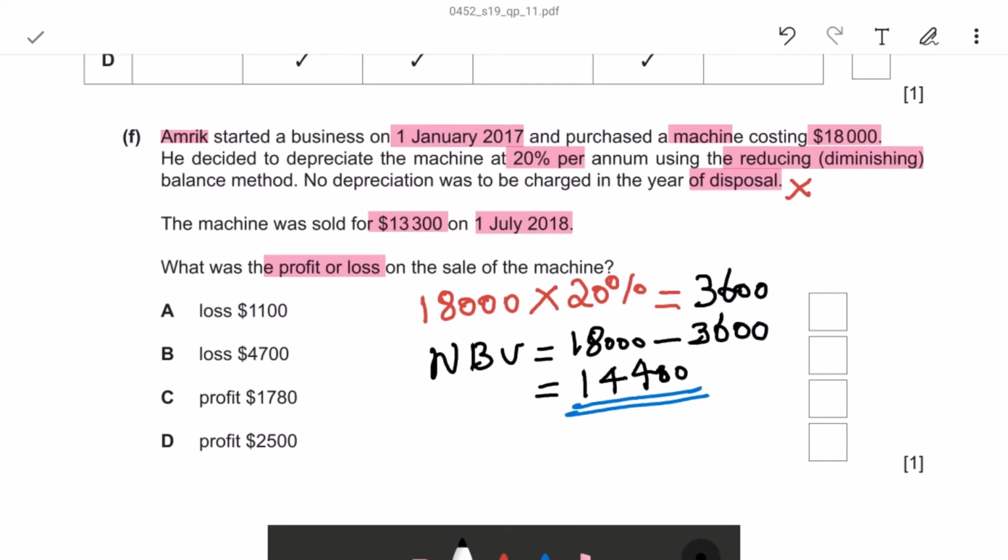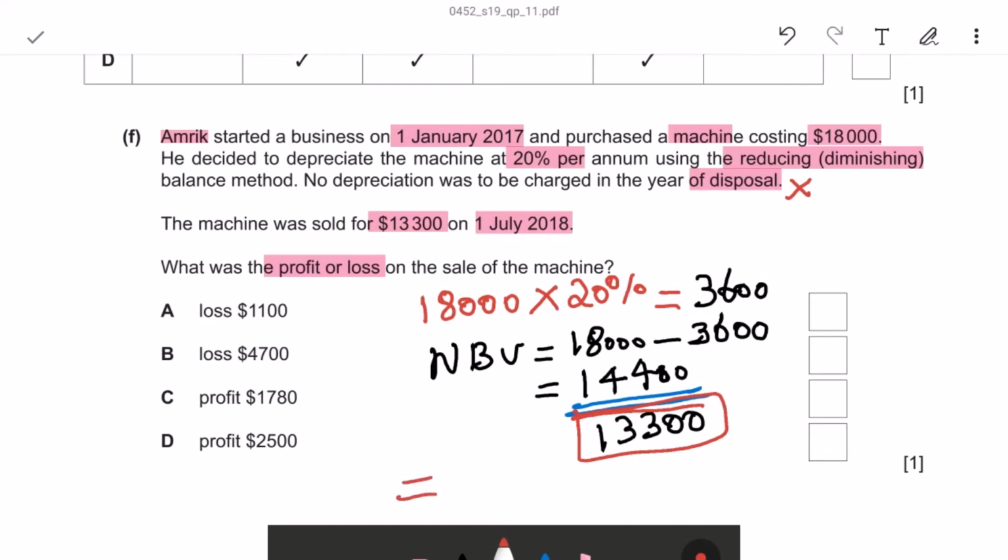But they sold the machine for, what was the price? 13,300. Actual net book value is 14,400, but they received only 13,300. That is the lesser value. So what is the difference?